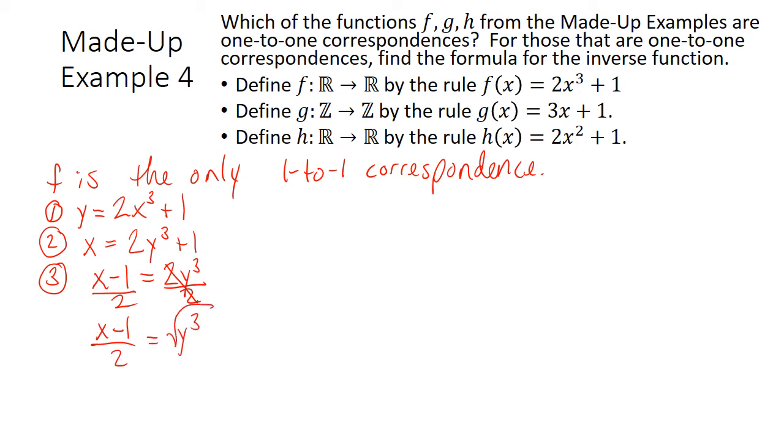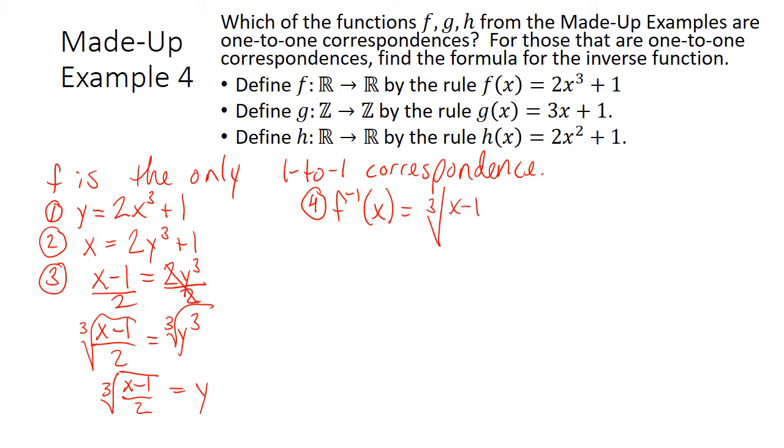And then I'll take the cube root of both sides. So I get cube root of x minus 1 over 2 equals y. And that is the formula for f inverse. So f inverse of x equals cube root of x minus 1 over 2.